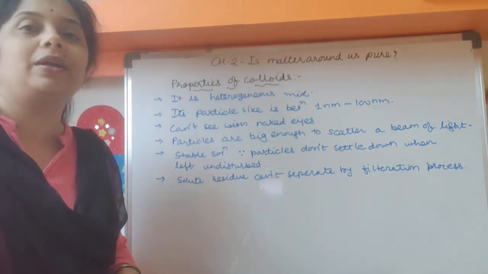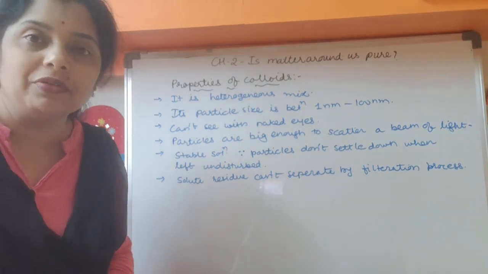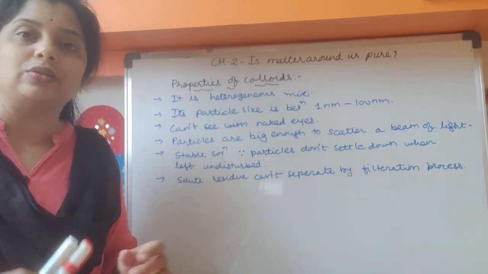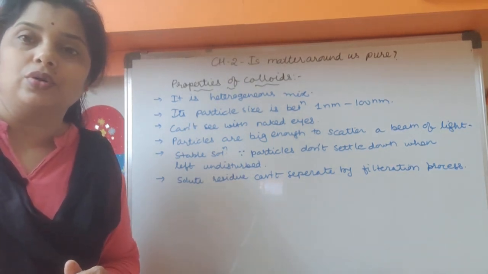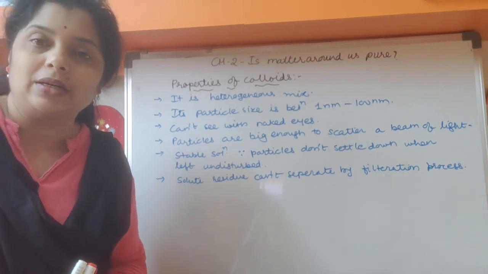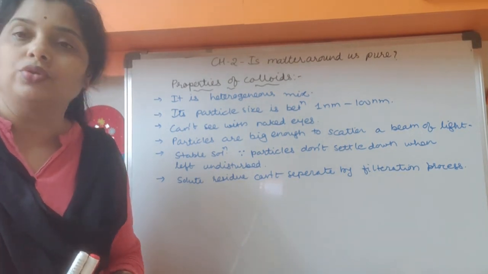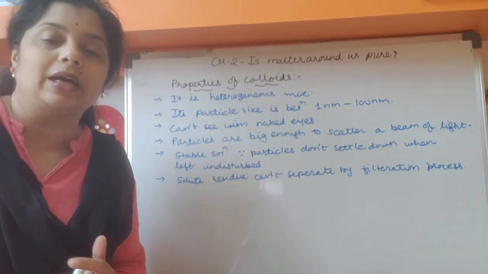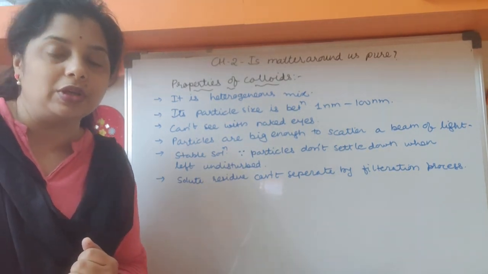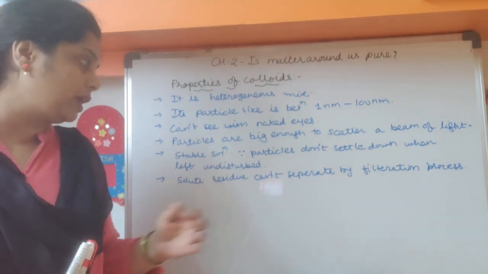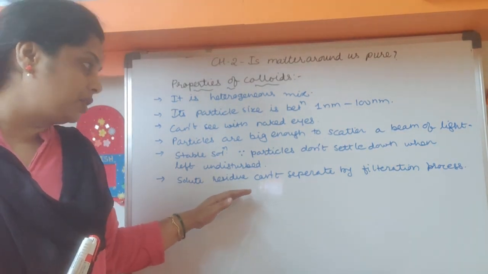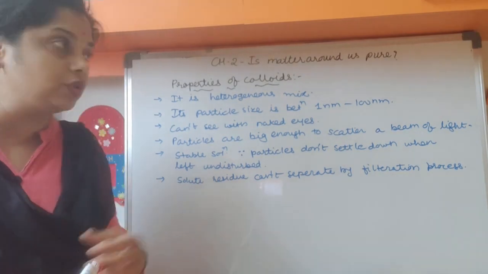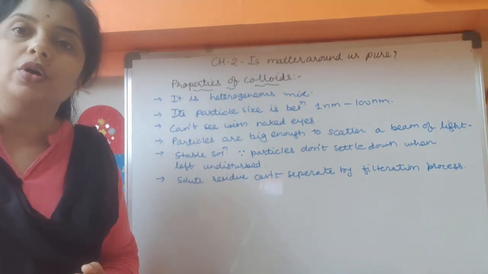We can't separate it by the process of filtration. When we made the milk solution in water and filtered it, did we see milk particles on the filter paper? No. So no such residue of milk particles was found when we performed activity 2.2. So in short, by the filtration method we can't get the residue of the solute. So these are some properties of colloids.